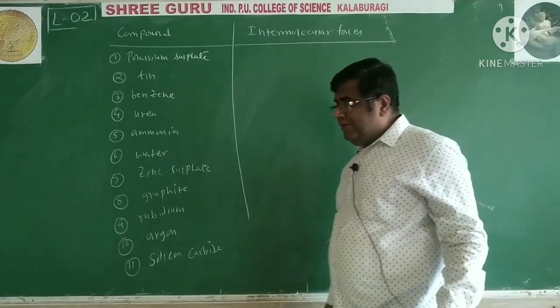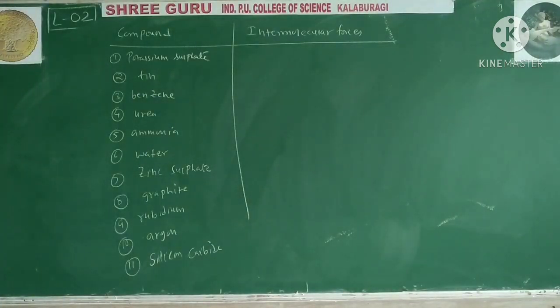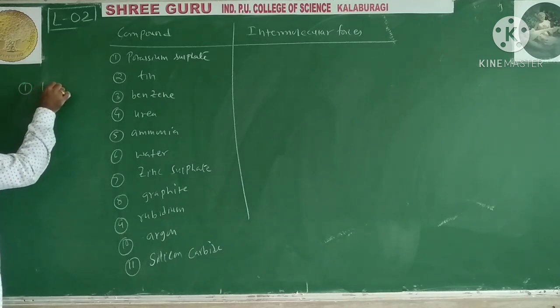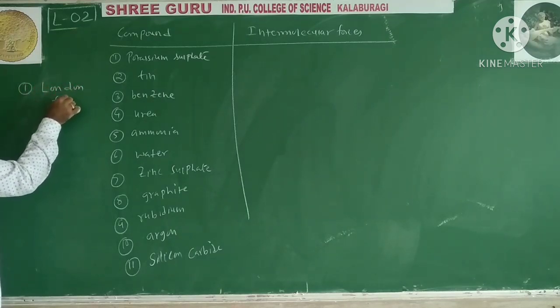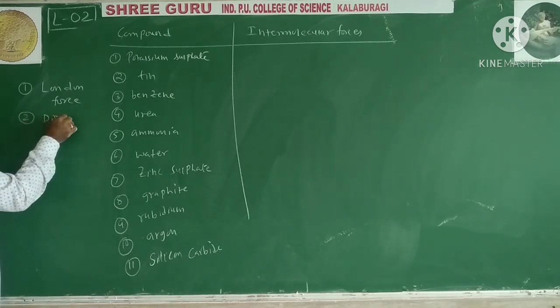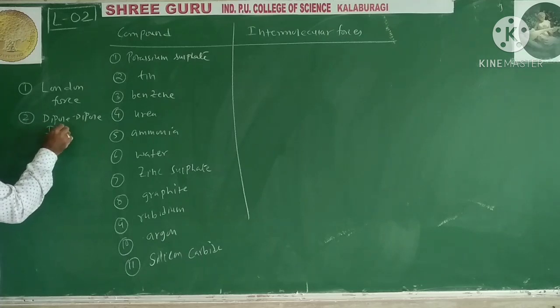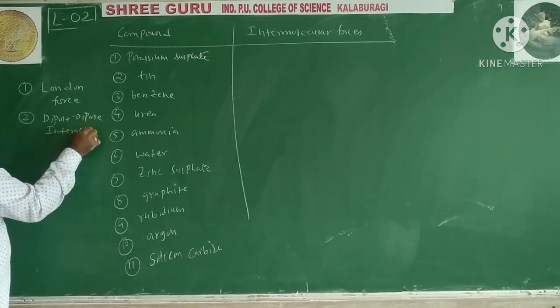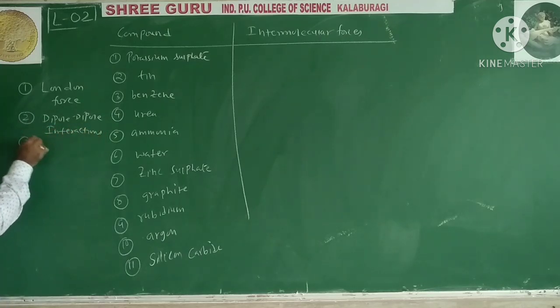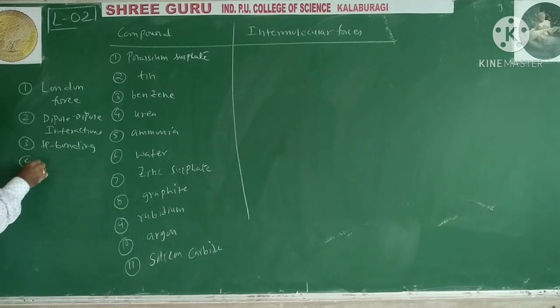What are the intermolecular forces we deal with? First is London force, present between non-polar molecules. Then dipole-dipole interaction, present in polar molecules. Then hydrogen bonding, present in hydrogen bonded molecules.